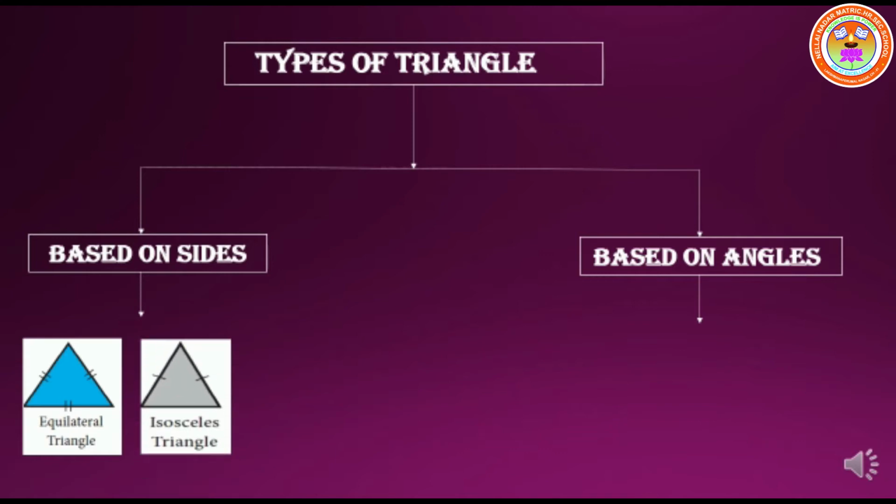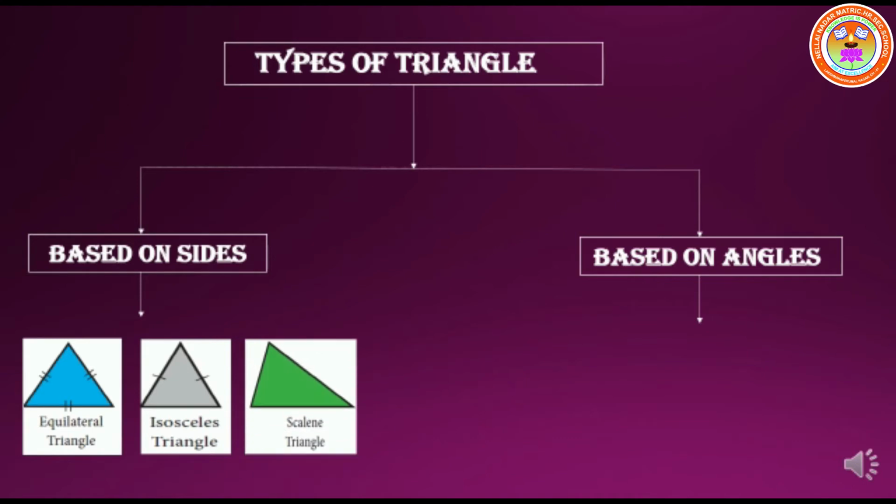Next one, isosceles triangle, where 2 sides are equal. And scalene triangle, where none of the sides are equal. These are the types of triangle which are based on sides.